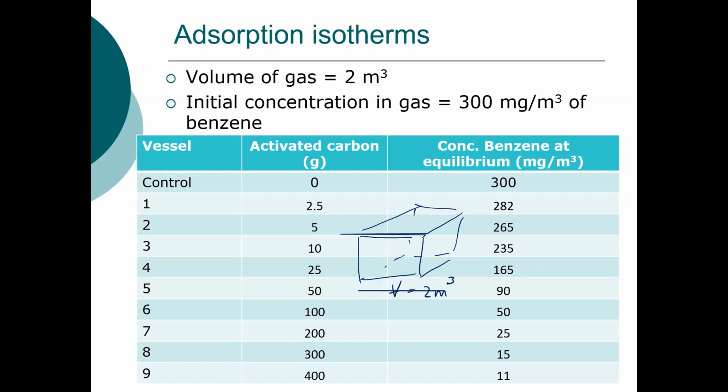So we add a certain mass of activated carbon into each one of the 10 vials. First vial is the control, so we don't add any activated carbon. We're using that to assess whether or not we have any losses. And then we measure the concentration at equilibrium. And you see that as we increase the mass of activated carbon, we decrease the equilibrium concentration. So more material is sorbed.